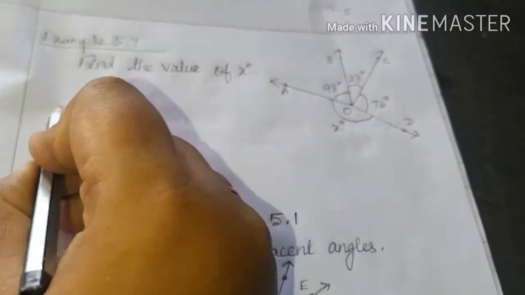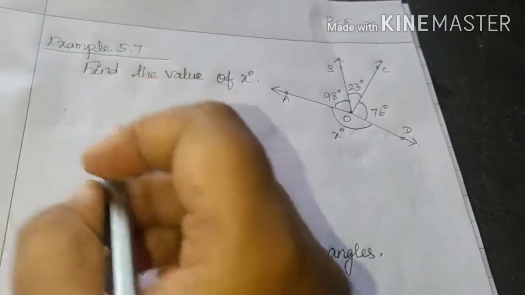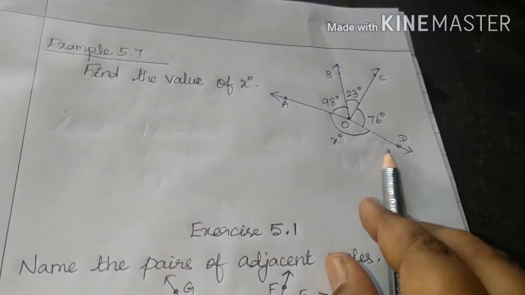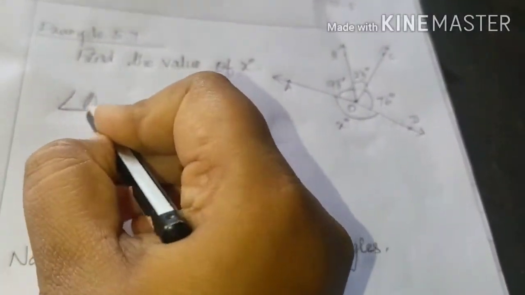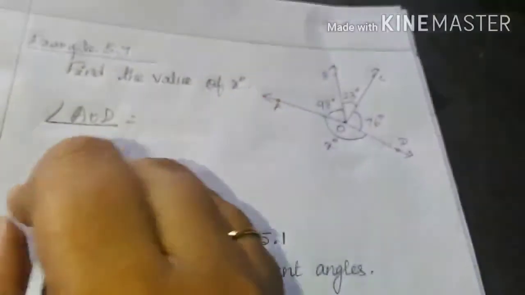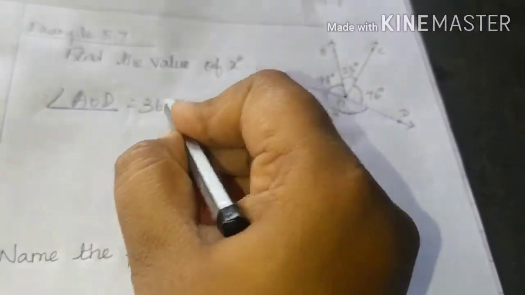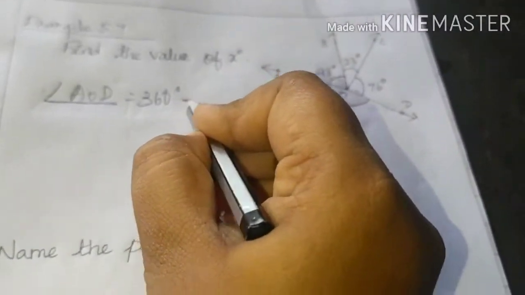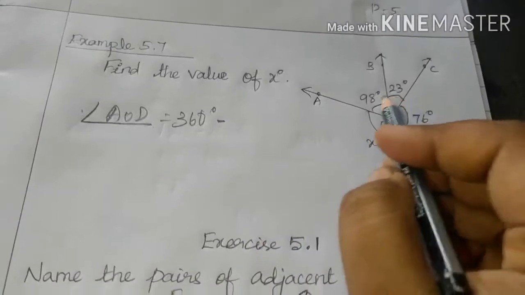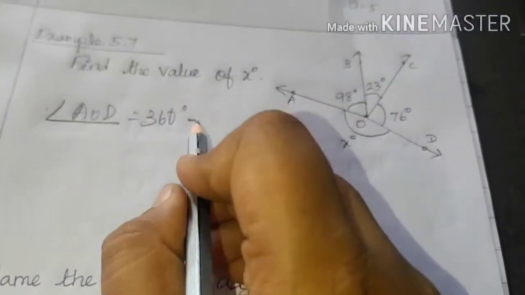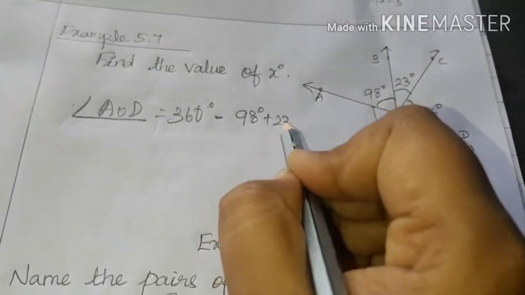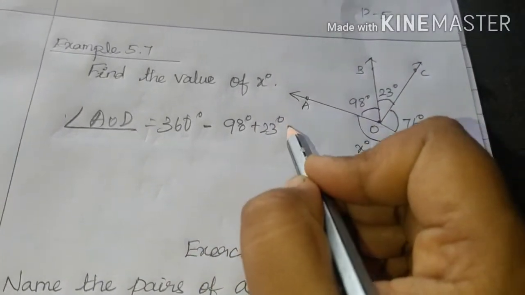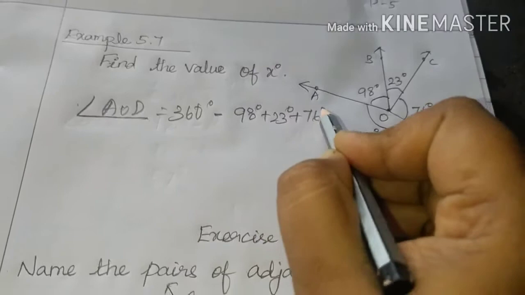Look at this, children. We have to find the x degree. x is which angle? AOD. Angle AOD equal to 360 degree minus the sum of these 3 angles. Like when we add 2 angles, here we add the 3 angles: 98 degree plus 23 degree plus 76 degree.